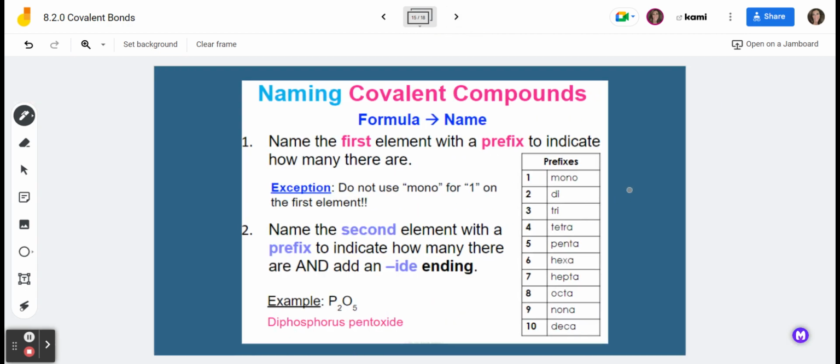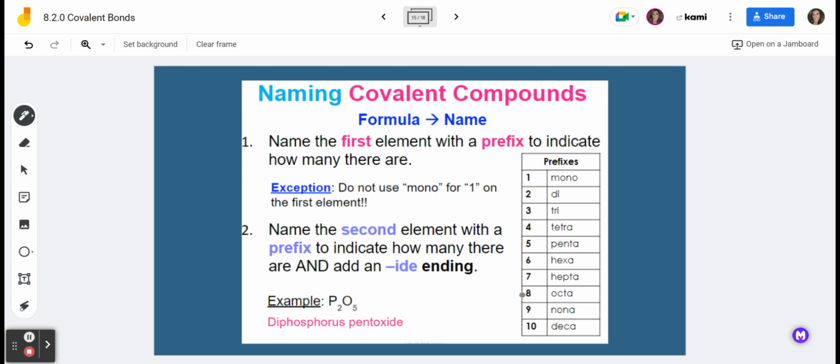All right, last concept. I know this is a long one. Naming and writing formulas for covalent compounds. This has a different naming system than the ionic compounds. Ionic compounds, we have the crisscrossing and we have the polyatomic ions to worry about. This is a little bit easier because we are using just our Greek prefixes to indicate the number of atoms that we have in each element.